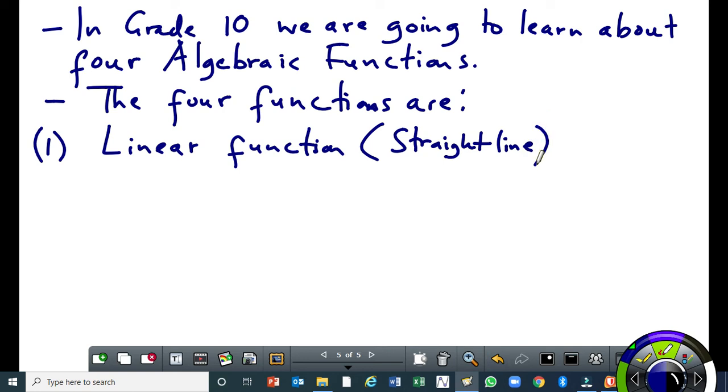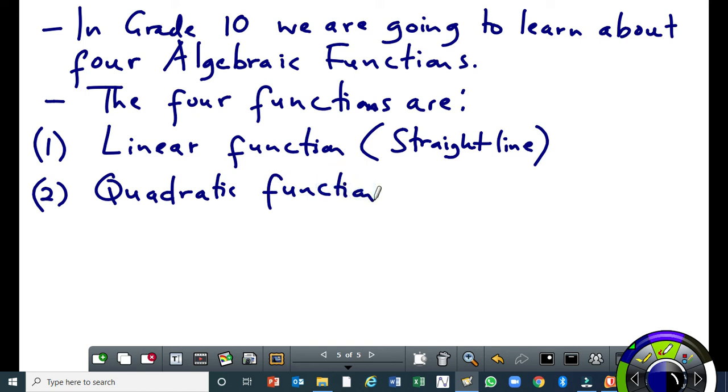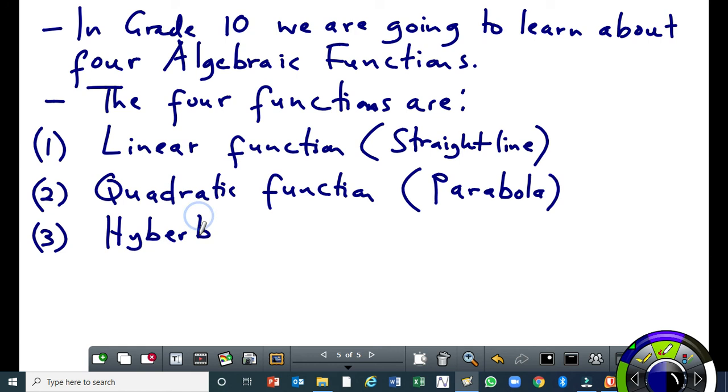Sometimes if you hear me saying the straight line, I'm referring to the linear function, so don't let it get confused. Then you will learn about the quadratic function, which is also called the parabola. Then we have the hyperbolic function, which sometimes we just call the hyperbola.